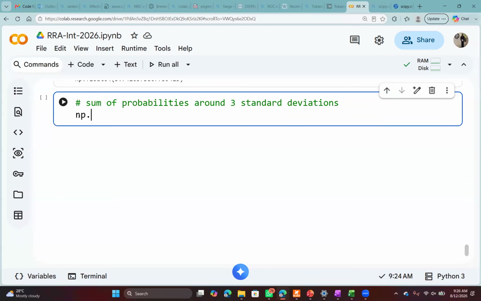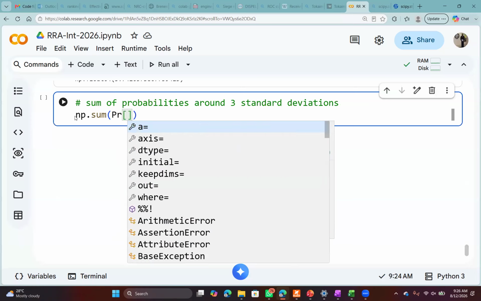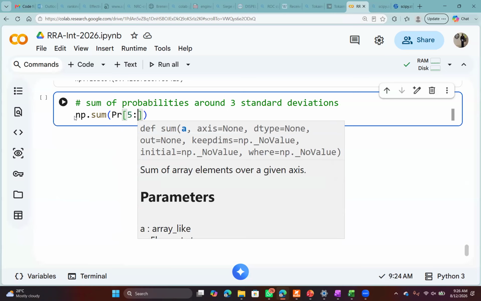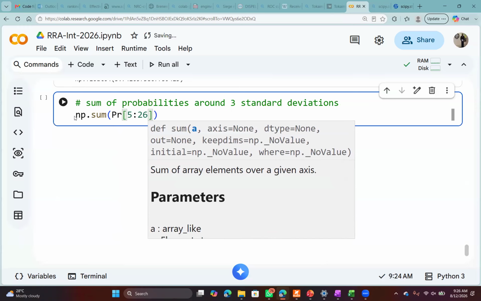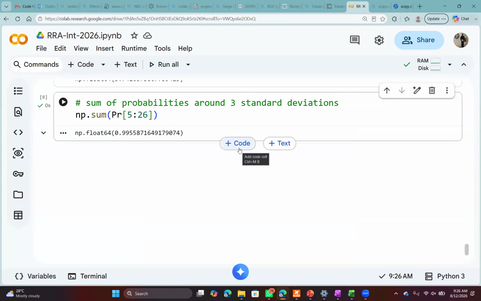So I can define the numpy sum, so I can define the probability of this one from the index 5 to say 26. From 5 to 26, the probability is about 99%, right?